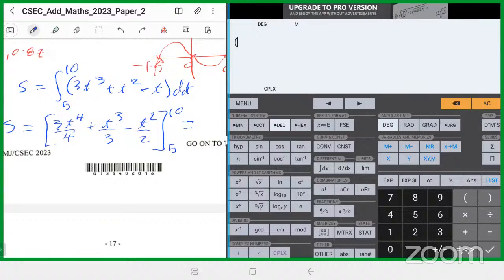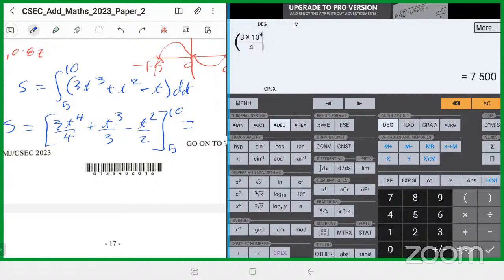All right. So in the first bracket, I'm going to have 3 times 10 raised to the power 4. Put the fraction first. So 3 times 10 raised to the power 4 over 4.